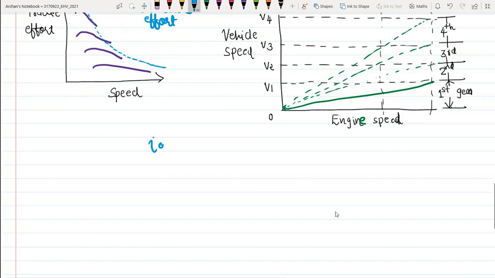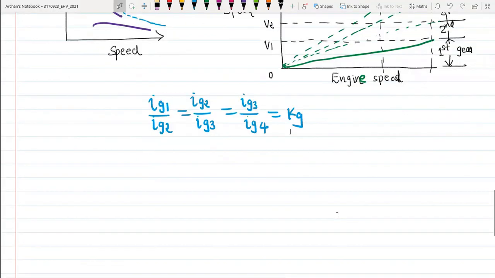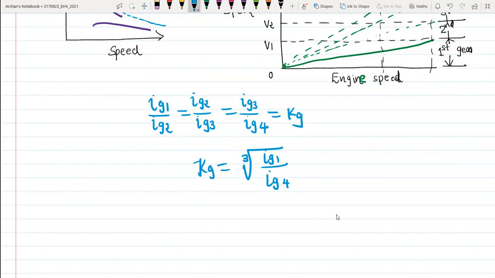So let us say Ig1 upon Ig2 will be equal to Ig2 upon Ig3 will be equal to Ig3 upon Ig4, and that is equal to kg. Okay, so this Ig1, Ig2, Ig3 and Ig4 are the gear ratios for the first, second, third and fourth gear respectively.